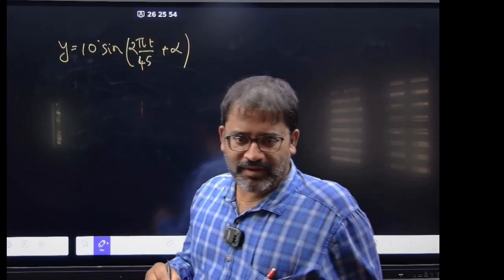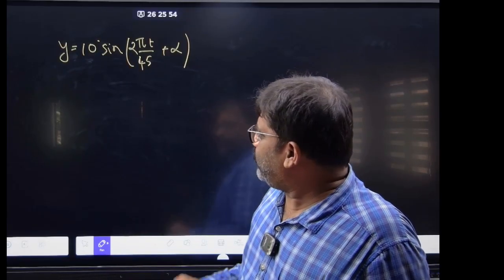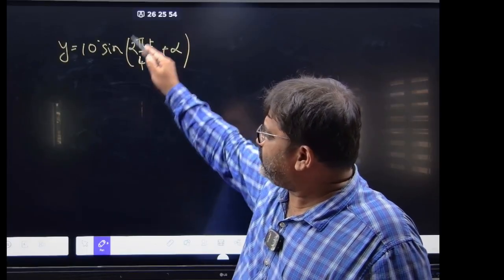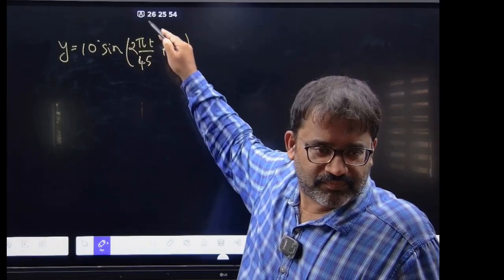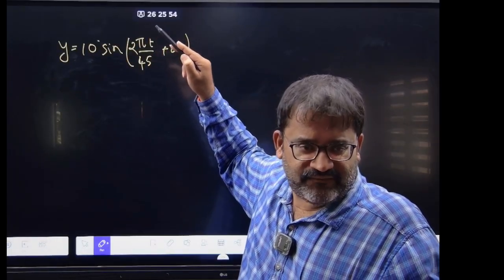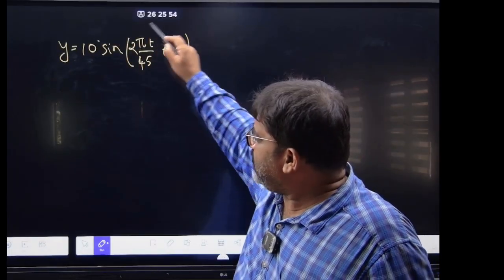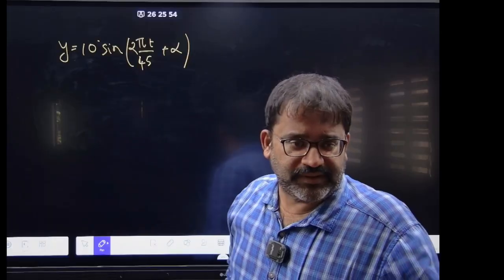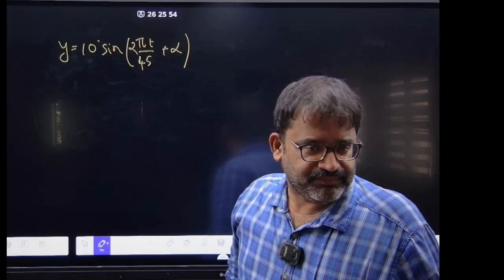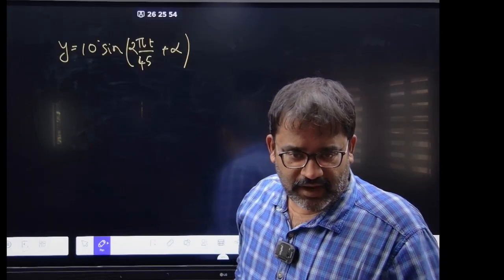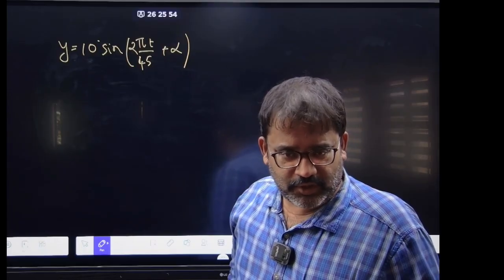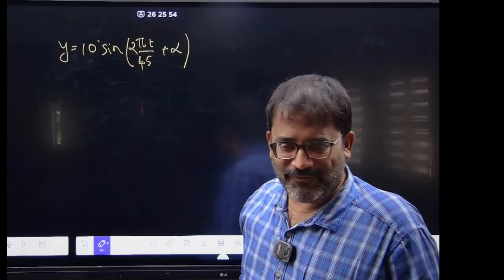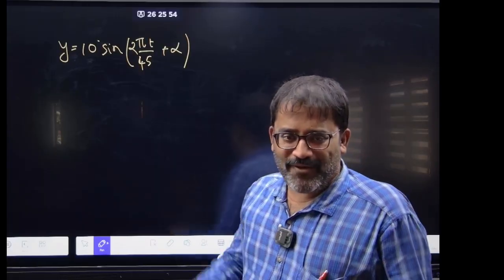Now, when we go for the total phase, any factor present inside the bracket of the sine term will be the total phase. Sure of it, and no doubts in that. Very good. So now we'll go for the value of it.